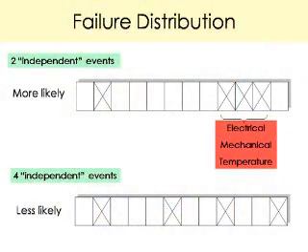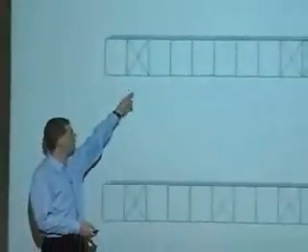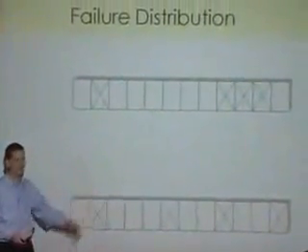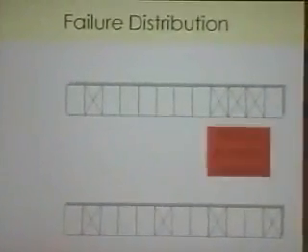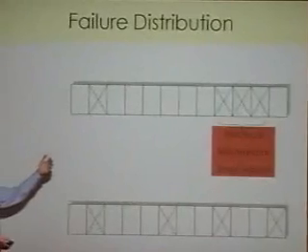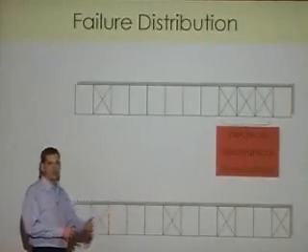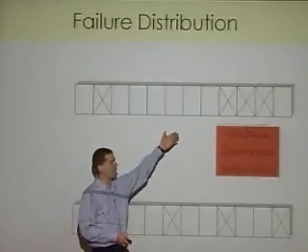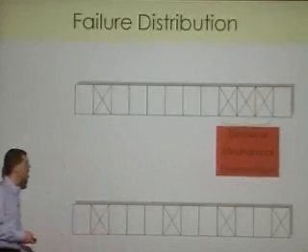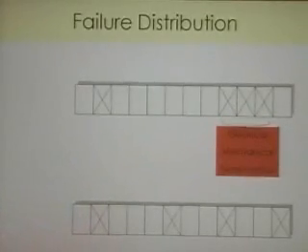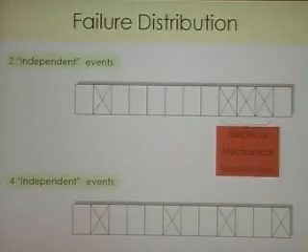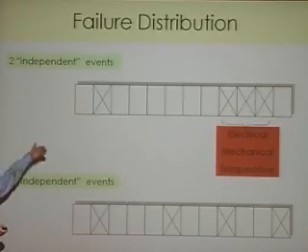So here we have 2 examples of 4 device failures. On the top, we have 1 and 3. And here we have 4 isolated ones. Now, since adjacent devices share cooling, cabling, power and mechanical stress, we can think of failures in them as correlated. And we can think of this failure type as 2 independent events.